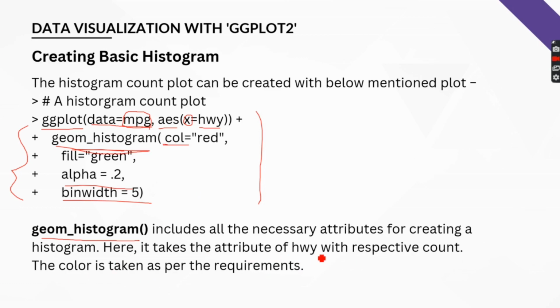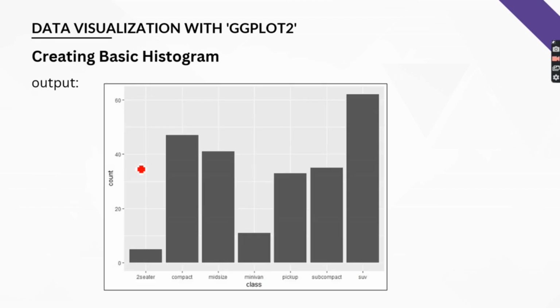Color is taken as per the requirements, that is red and green. So this is how it's going to look like. Here the color is not visible for some reason, but in general the color would be visible as red and green to all of you when you run it in your code editor. Please do try it and tell me in the comment section.